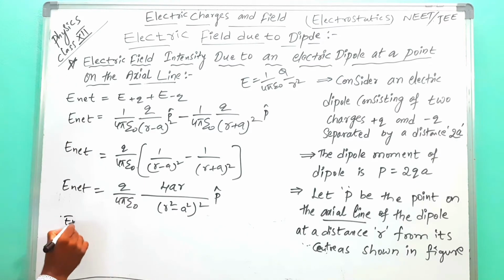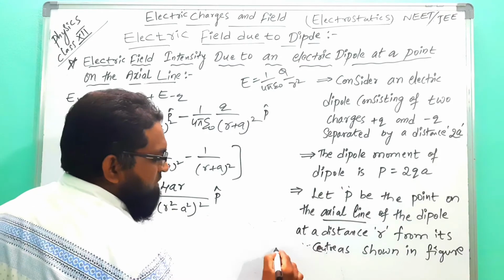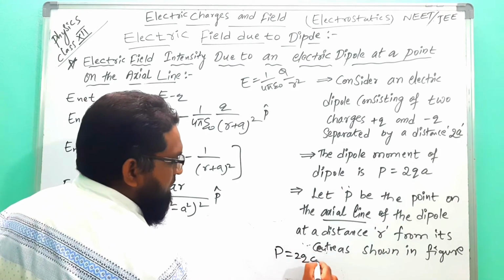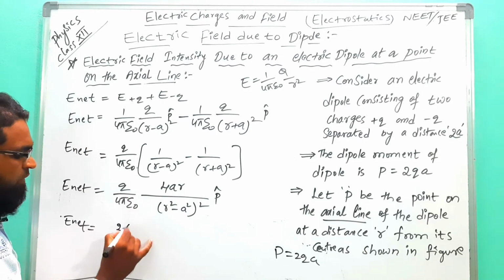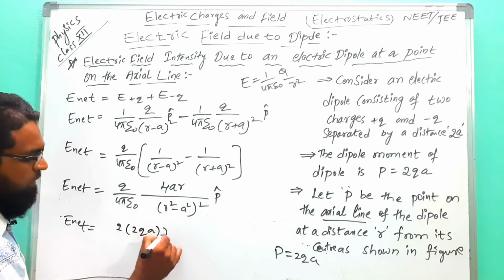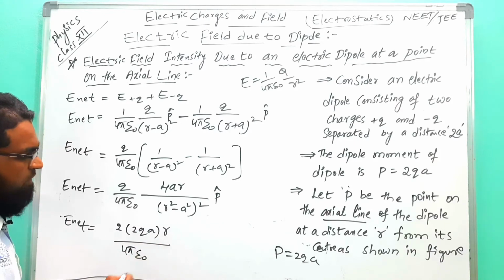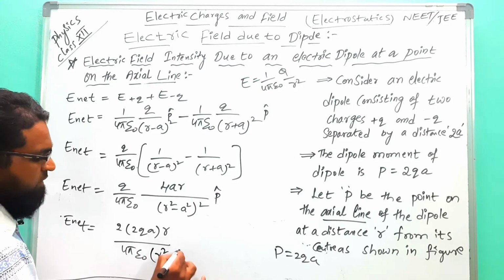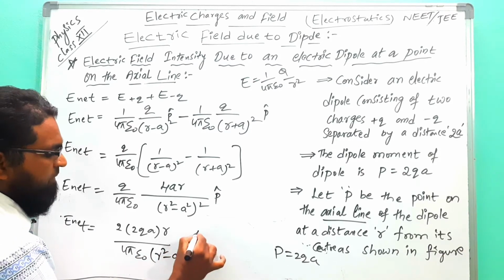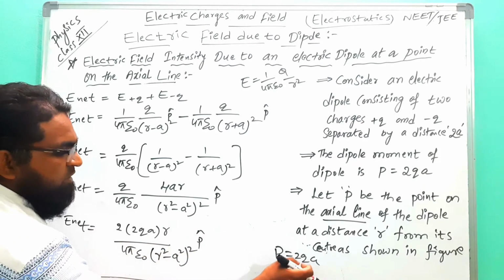Now see here the dipole moment definition: p equals 2qa. So here, multiplying, E net equal to 2 into qa into r by 4 pi epsilon naught, over r square minus a square whole square, times p cap. Here p cap is a unit vector. And this is the dipole moment, dipole moment means 2qa.